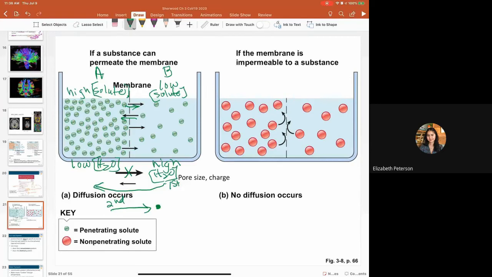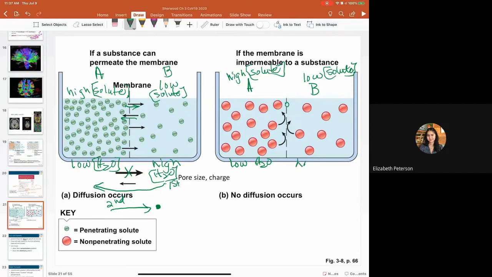Here we've got side A and side B, but the pore size is too small for the molecule. So the molecules can't move, but again, we've got high solute. So we've got low water. We've got low solute concentration.